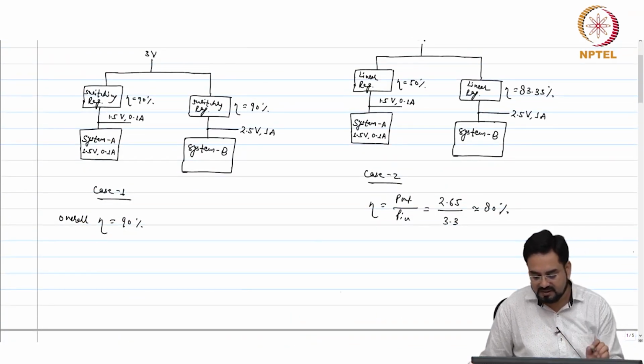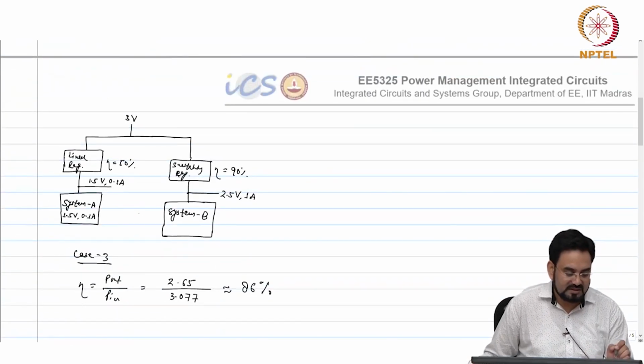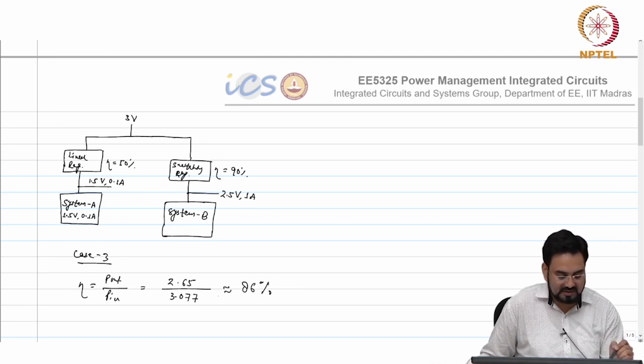When you use both regulators, your impact is 10%. When this 100 milliamp supply is generated by a linear regulator, and the 2.1 amp supply is generated by your switching regulator, then the impact is only 4%.